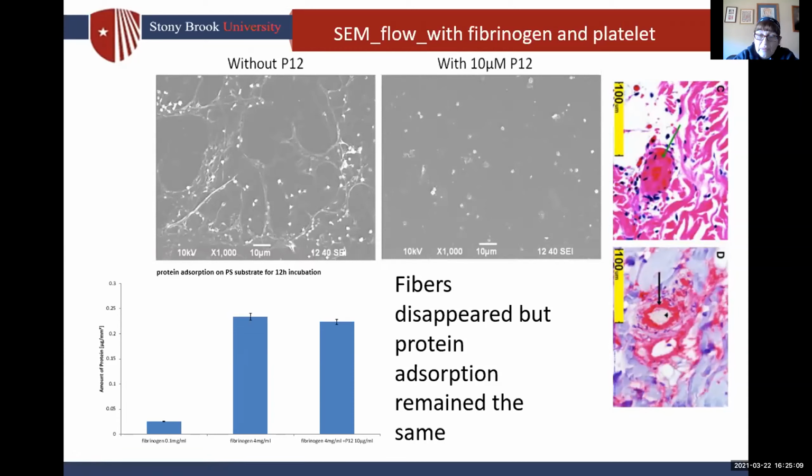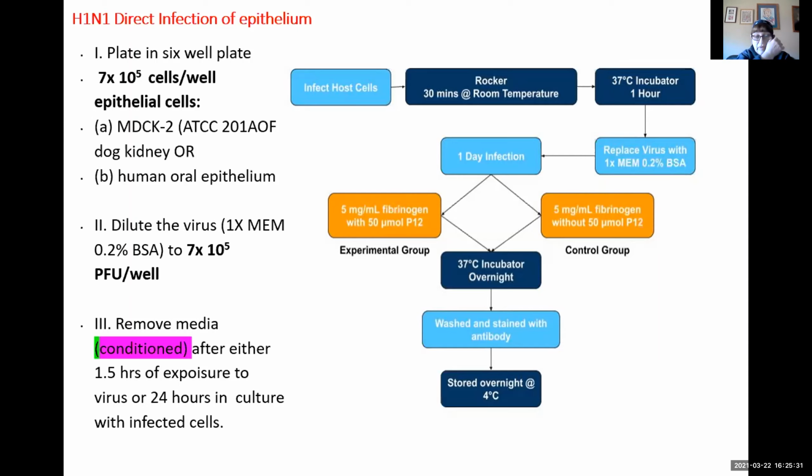So how do we get between that and infection of H1N1? So we tried these crazy experiments. Let's try something. And we plated MDCK cells. MDCK cells are dog kidney epithelial cells. Or from Marcia Simon's lab, we had human oral epithelium.